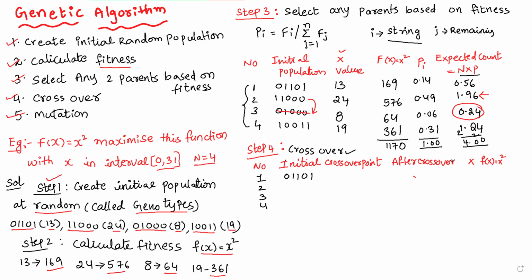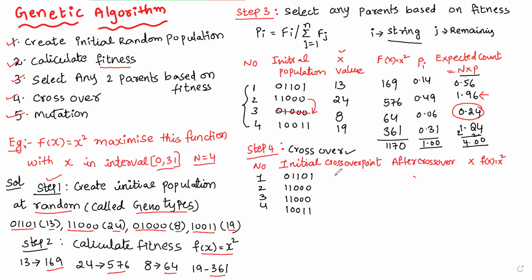Now the second value is as it is, that is 1 1 1 0 0, and the third one is also 1 1 1 0 0, because its expected count is less. And the last one is 1 0 0 1 1. So what is the cross point? You can assume any value.